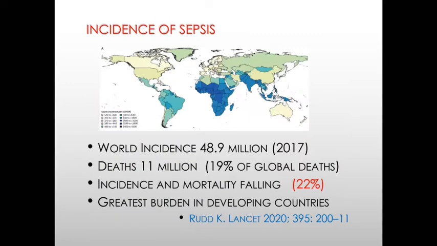The incidence of sepsis has recently been reviewed, and you can see that annually nearly 50 million people have sepsis in the world, and it causes 11 million deaths per year, which is a significant number of global deaths. The majority of those are in the blue parts of this map, in developing countries. But the good news is that the incidence of sepsis is falling and mortality is getting better.